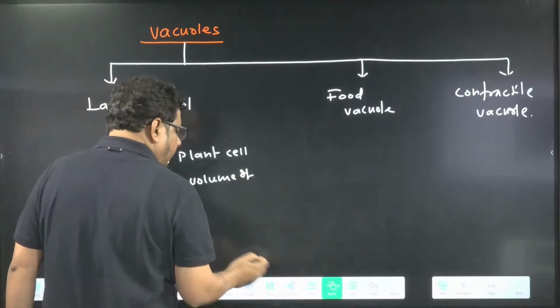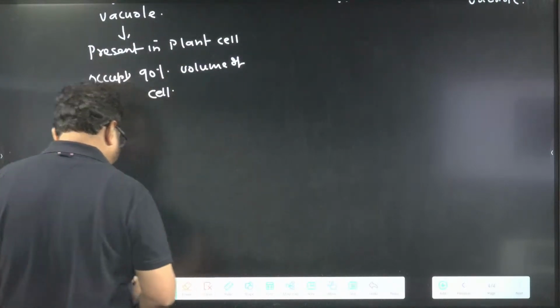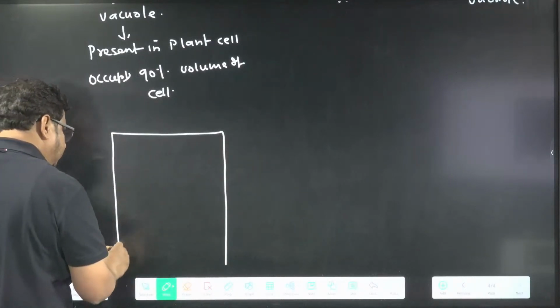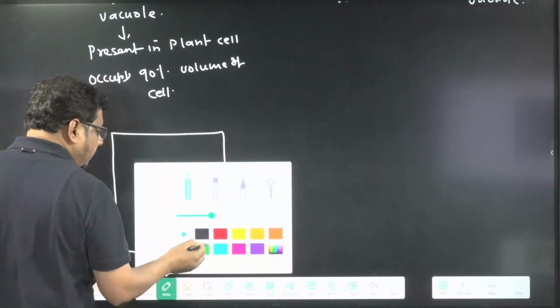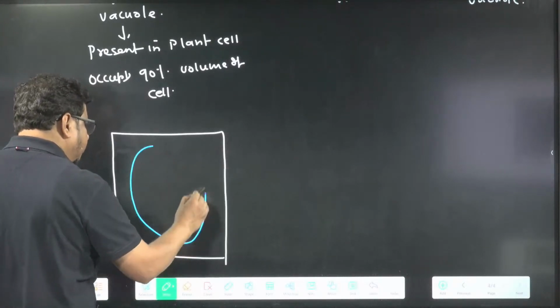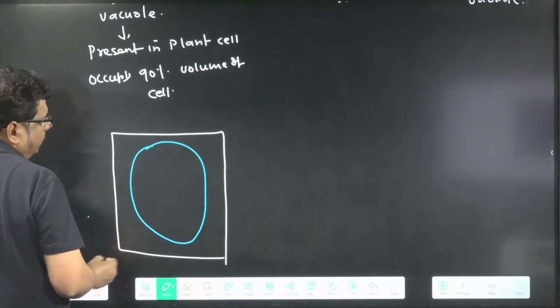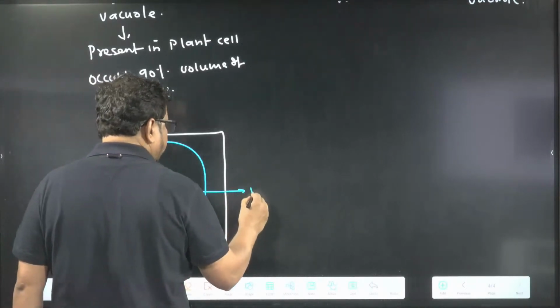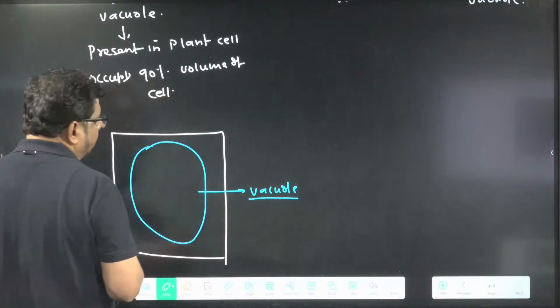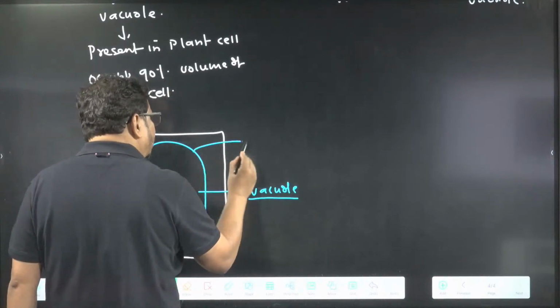If you want to draw it, just have a look. Assume it is a plant cell. In this plant cell, 90% of the volume of the cell is taken by vacuole. This is the vacuole, and it is the large central vacuole. In the large central vacuole, two components are there.